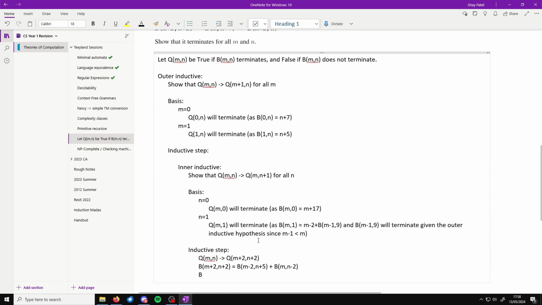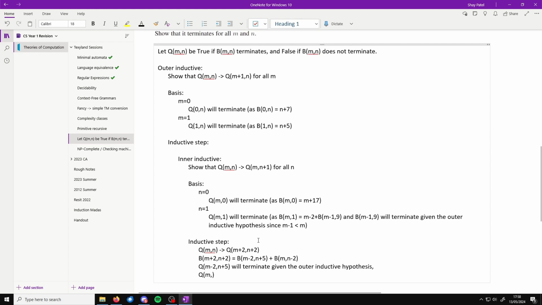Okay. b m minus 2 n plus 5 will terminate given the outer inductive hypothesis, and b m n minus 2 will terminate given the inner inductive hypothesis.